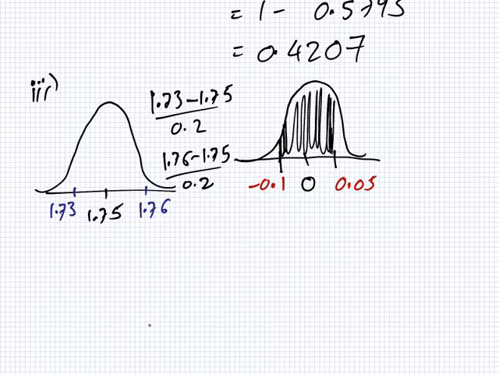I think for me, the way I'm thinking about it is, it's everything to the left of this number minus everything to the left of this number. So I'll just write it down here.